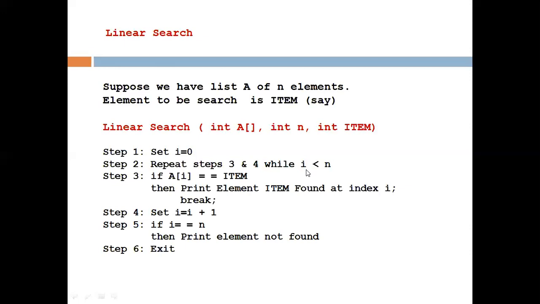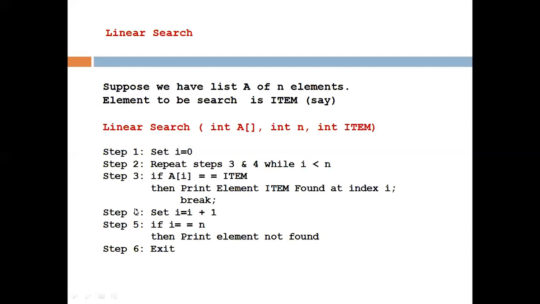And when the value of i is 0 we will compare with the zeroth element, when the value of i is 1 then the next element, then the next element and so on, and at last we will compare with the n minus 1th element. So in each iteration of this loop we are comparing with one element in this list, whether this element is in this list or not.